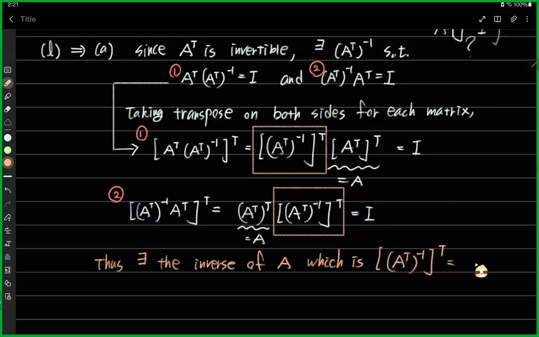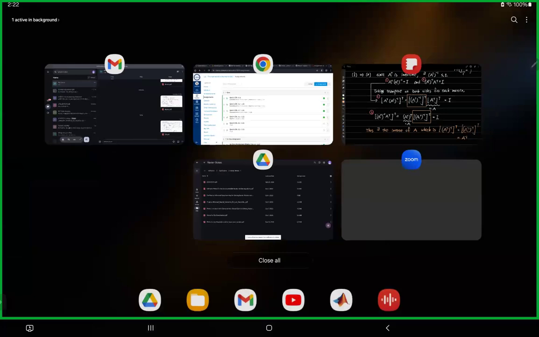So this is actually A inverse transpose, so this is actually A inverse. But anyway, that's the proof of 2.8. Please understand all of the statements. Okay, so that's for 2.3.